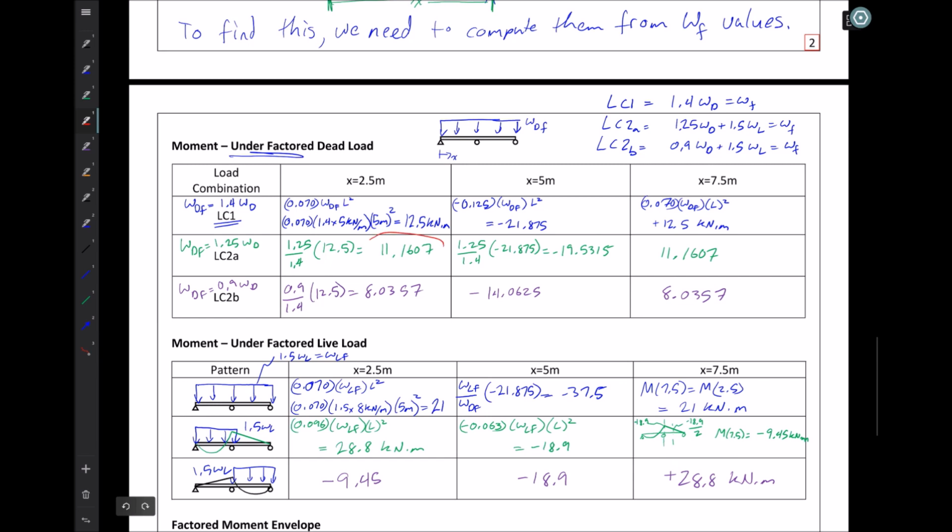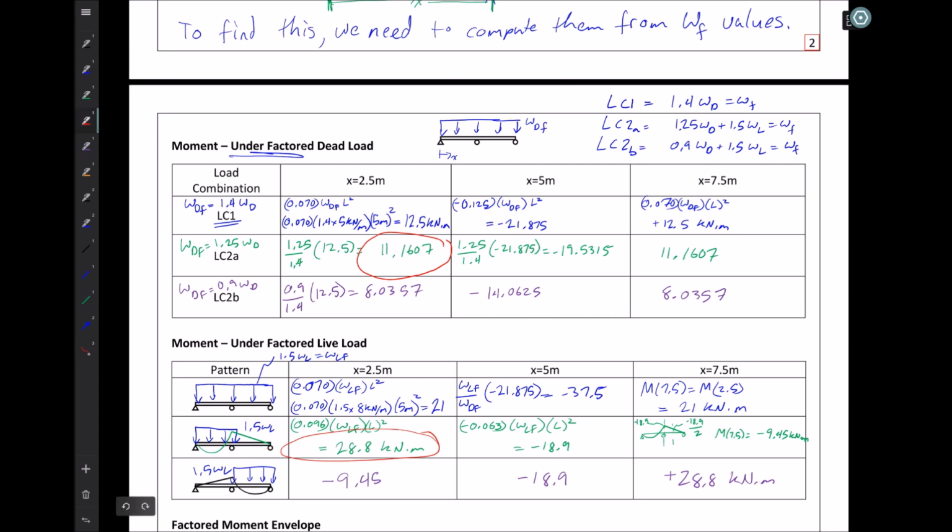So here I've got 11.1607 plus 28.8. Here I'm using load combination 2A, 1.25 W dead plus 1.5 WL, where I have only the left-hand span loaded.